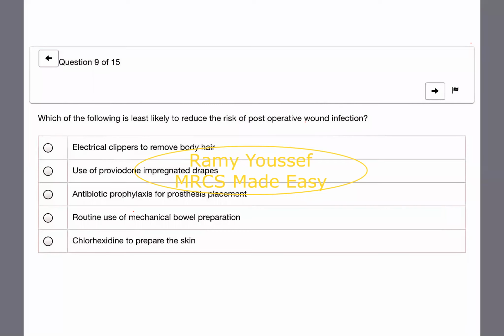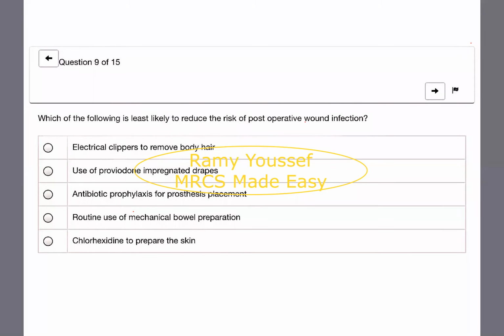Yeah, chlorhexidine is right. Antibiotic prophylaxis is right also. Use of povidone impregnated drapes is right. And electrical hair clipper is also right. So by exclusion, routine use of mechanical bowel preparation. Yes, now it is rarely used. Not routine, exactly.